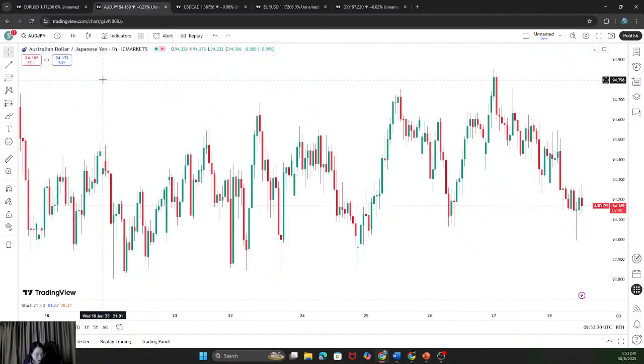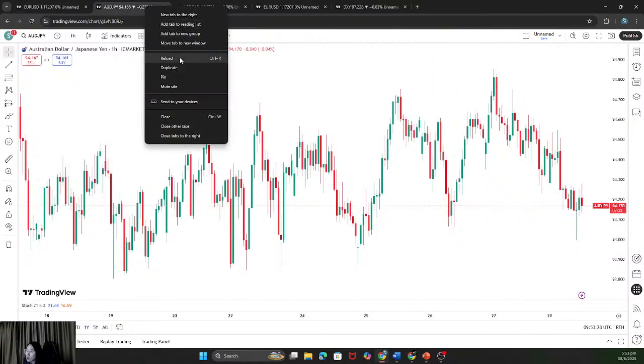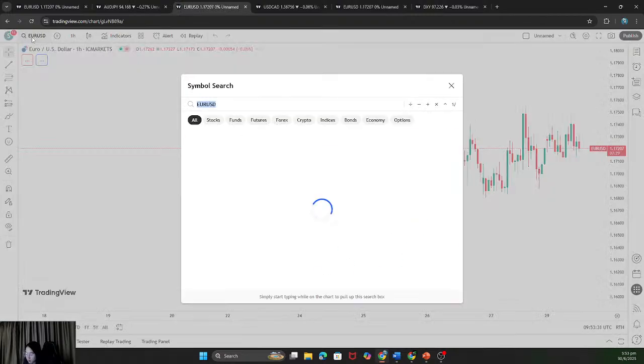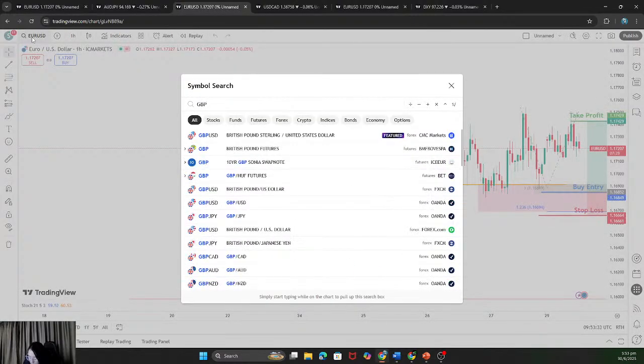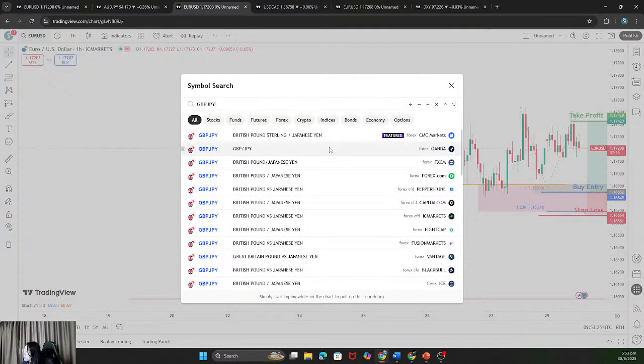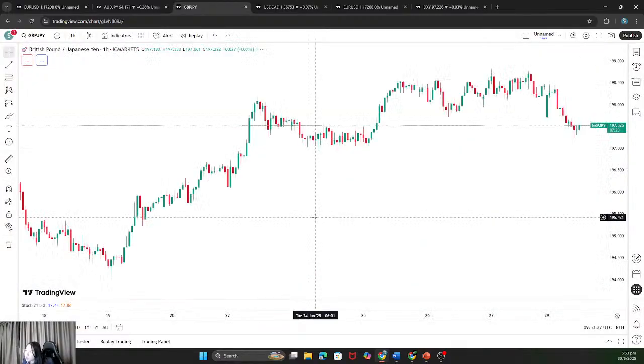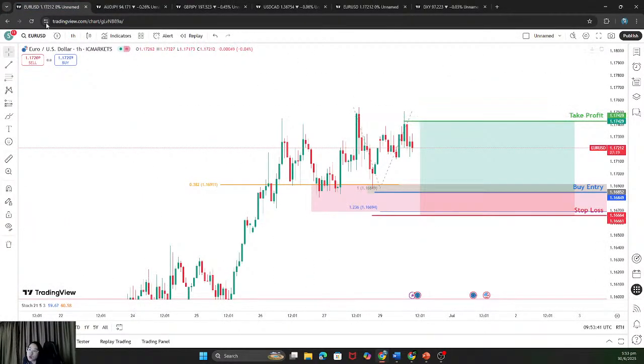So I've listed down 4 that I've been looking at lately. The first one is GBPJPY, AUDJPY, EURUSD, and the last one is XAUUSD. There are reasons why I chose all these pairs. Structurally, EURUSD is very sound.